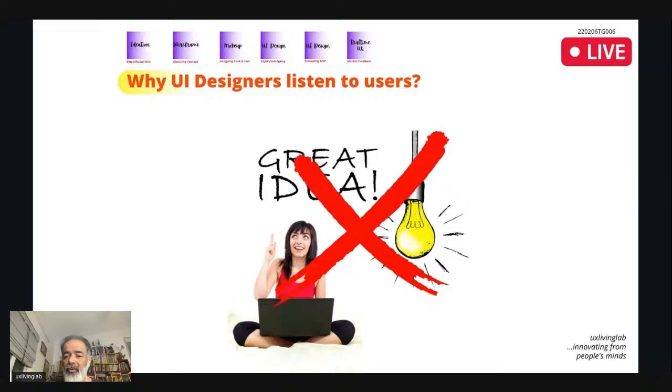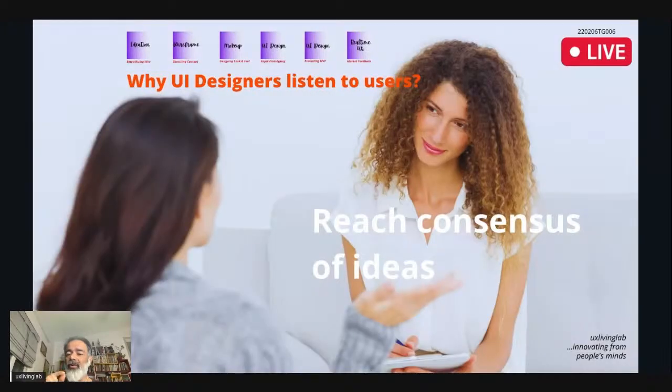What we have to do as a UI designer: talk to users with the idea before the design stage. Talk to users with your idea and reach consensus of ideas. Take their views on your idea from users. Take the extension of your ideas from users.